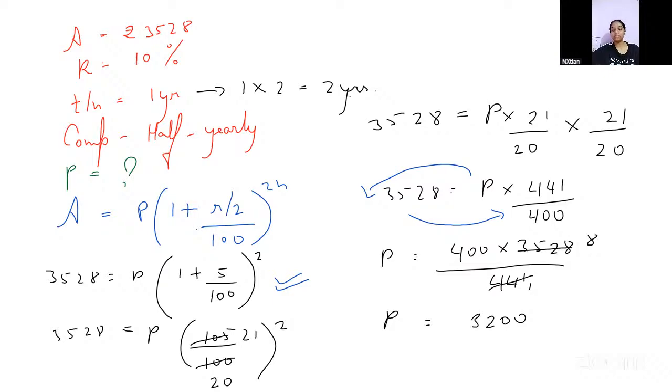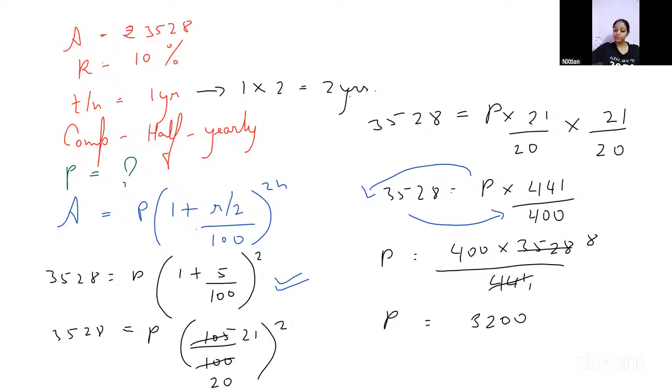Yes, ma'am. P was being multiplied by 441, but because we are using amount, which is A, we have to multiply by 400. And because we want the number equal, we do the reciprocal. Understood? Yes, we need a reciprocal. So we do a reciprocal: 400 into 3528 by 441, to find out the value of P.